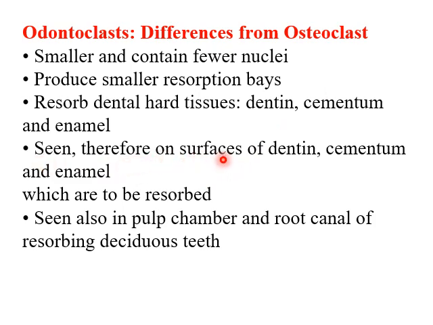The odontoclast is seen on the surface of dentin, cementum, and enamel which are to be resorbed, and also in the pulp chamber and root canal of the resorbing deciduous teeth, while the osteoclast is seen near the bone and we cannot see it inside the pulp chamber or root canal.